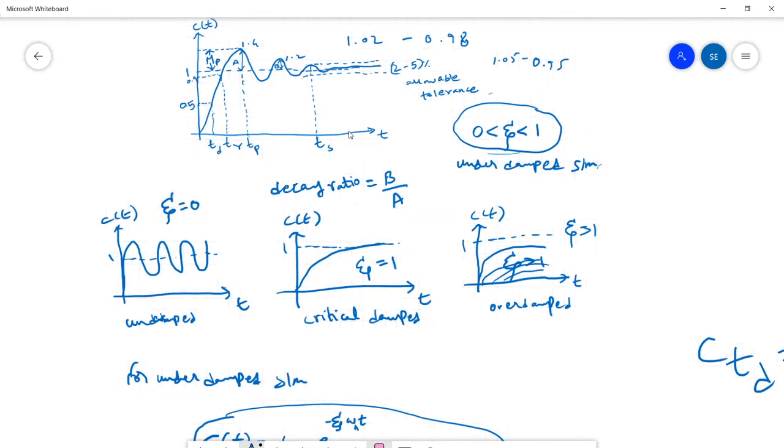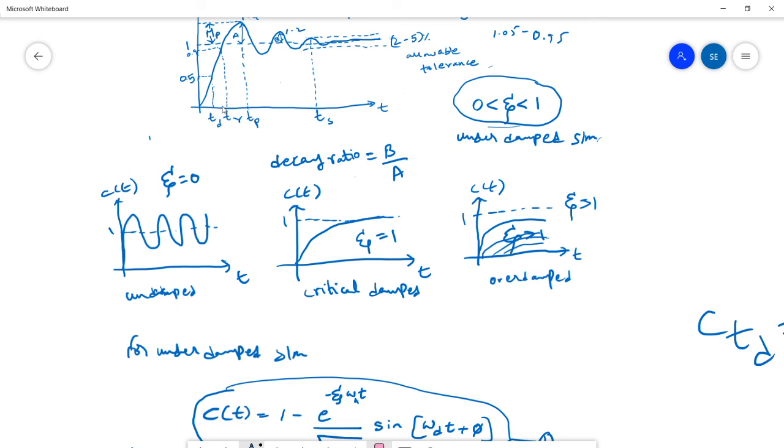See, what we took is C of T is equal to 1, because C of T is the amplitude of the output at the point where it reaches 1. Similarly, if you want to calculate TD, C of T is equal to 0.5 and you just follow the same procedure, you will get that delay time.